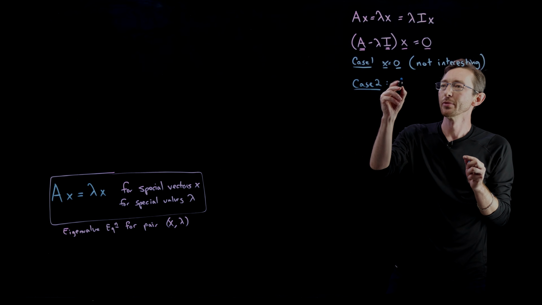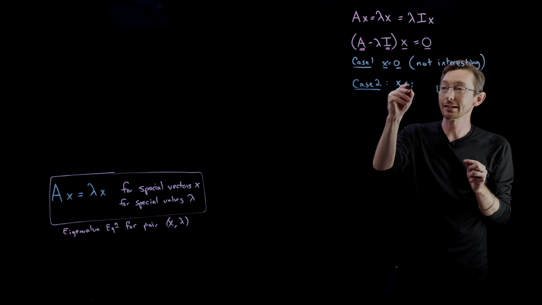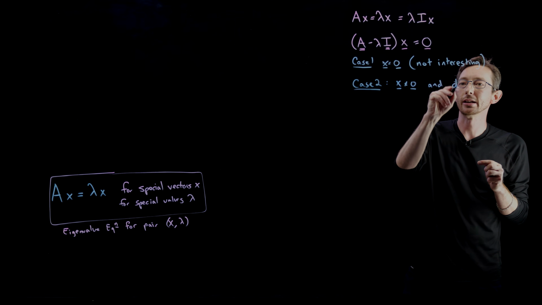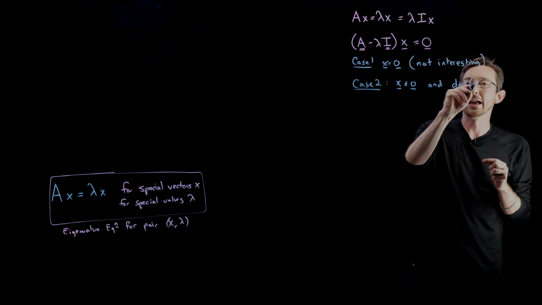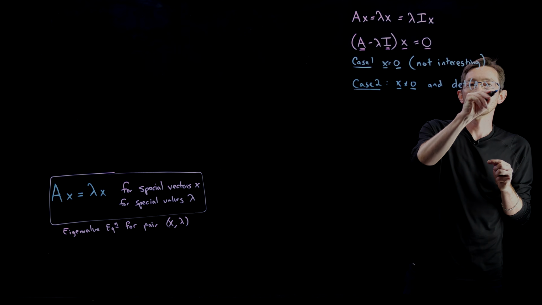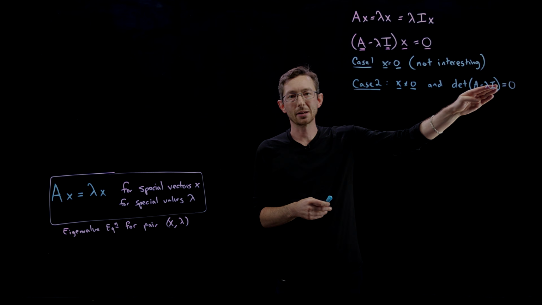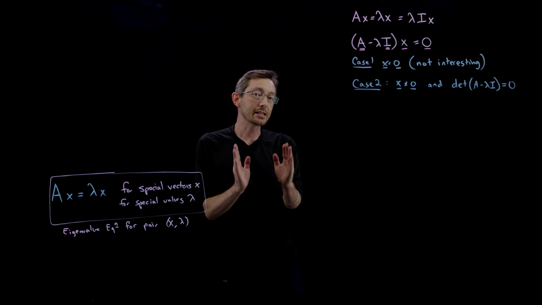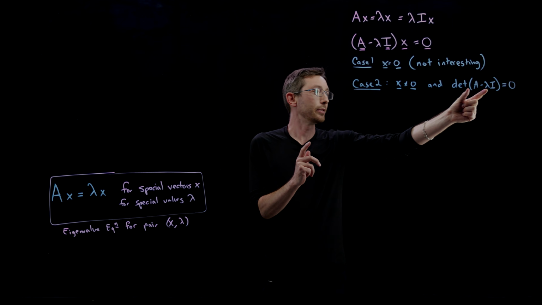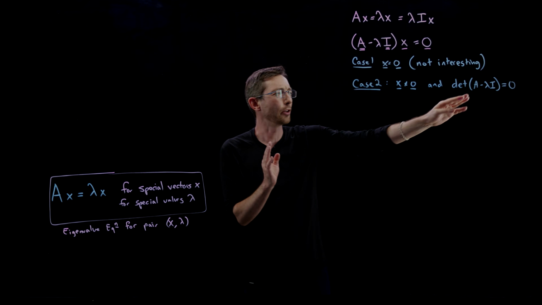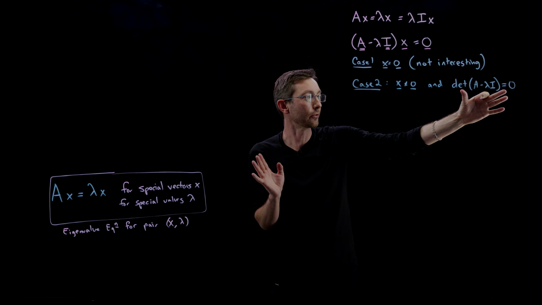So case 2 is where x is not 0 and the determinant of A minus lambda I equals 0. If the determinant of A minus lambda I equals 0, that means there are some directions where this matrix will map those directions to 0. I'll draw you a picture later, just take my word for it for now.